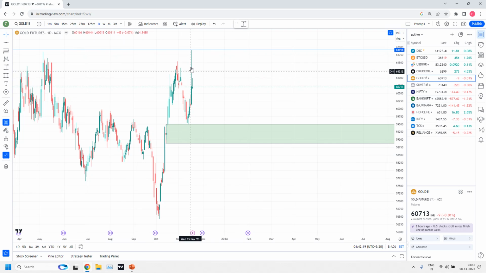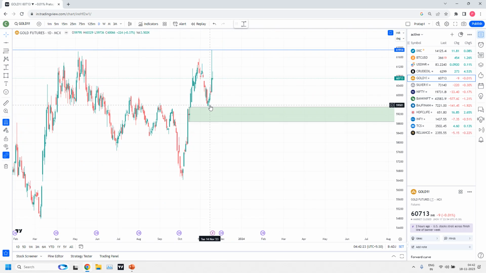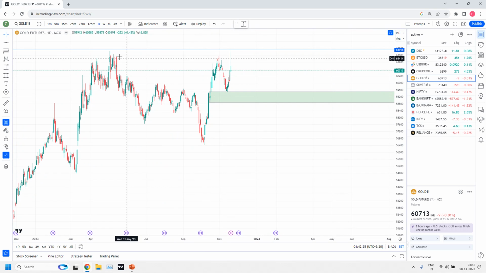This is called all-time high. The stock is at all-time high. When we say all-time high, this is the previous high in this candle. Now prices went beyond the previous high.